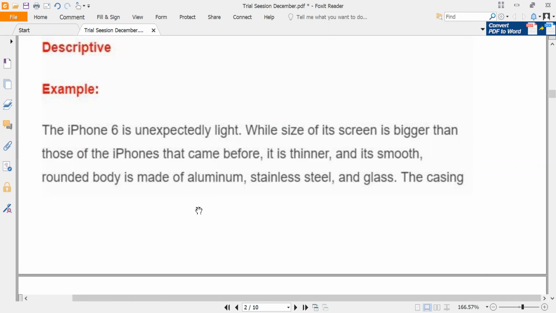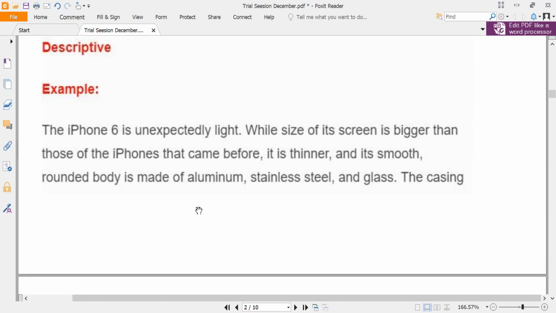It is thinner and its smooth, rounded body is made of aluminum, stainless steel, and glass.